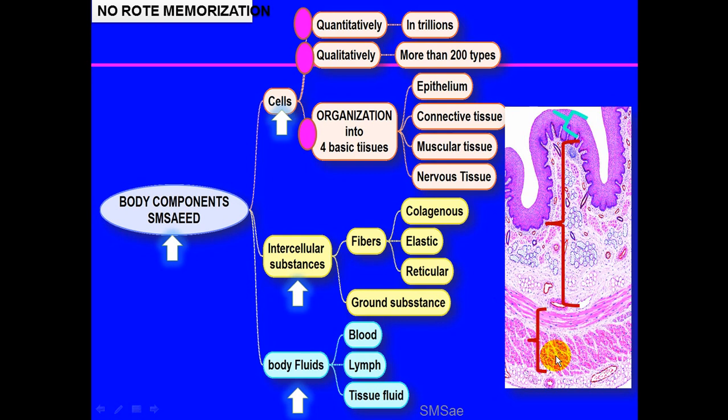Below that you have another connective tissue. You will study this organ in more detail in the second year. This organ is known as the esophagus and it belongs to the GIT. I just brought it for you in order to see the different types of tissues.